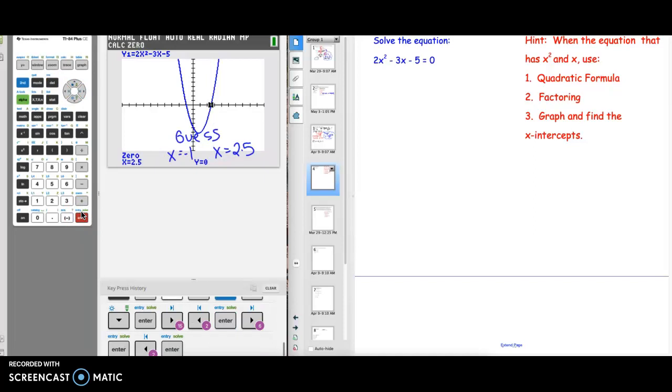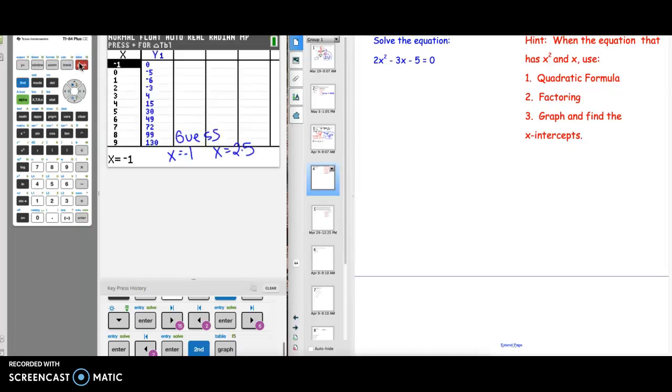And it was 2.5, so it's pretty close to my guess. You can also look on the table, and when y equals 0 is what you're looking for, so you can already see that x equals -1 and x equals 2.5. We calculated a different way.